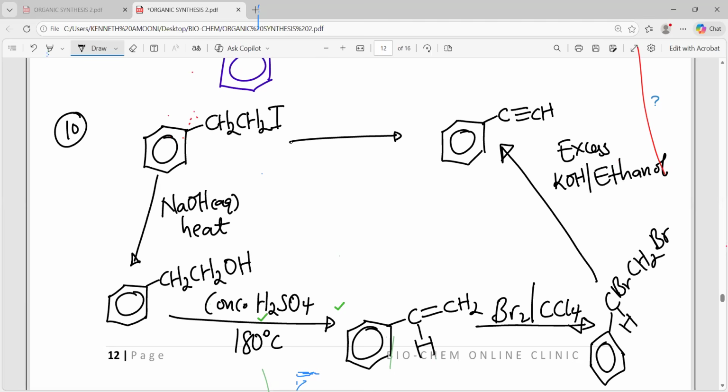And then you're going to heat, and you would have formed that compound. That one is way much easier.